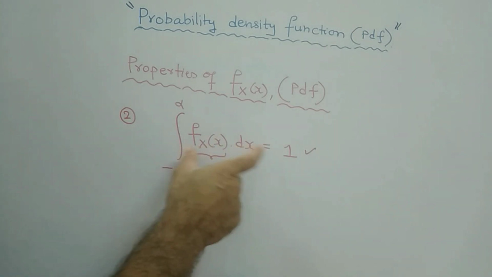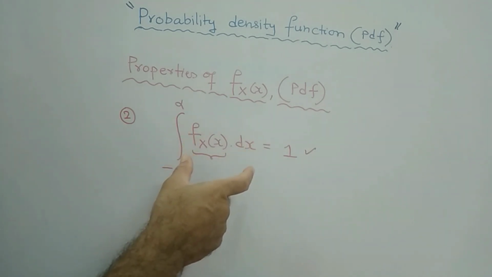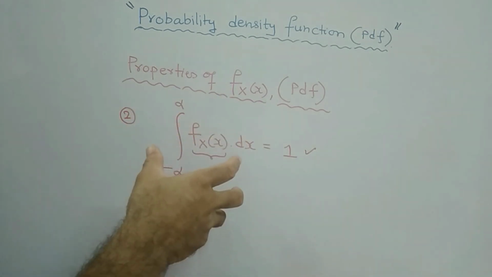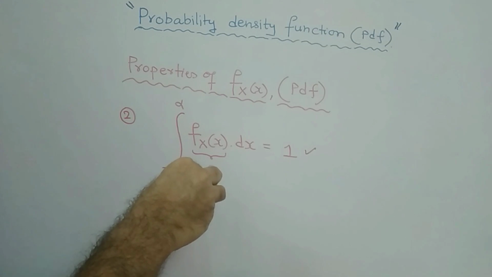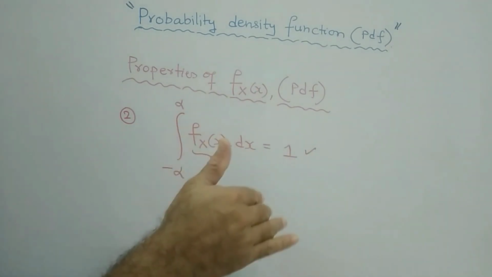Normally, this property can be used while determining whether the given density function is a valid density function or not.